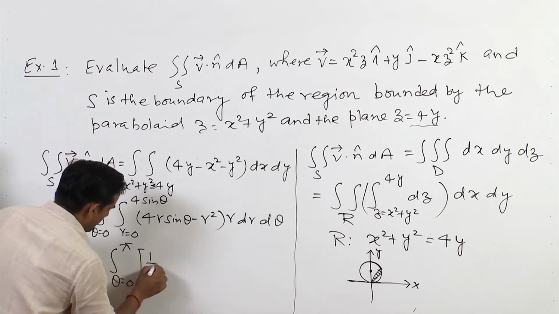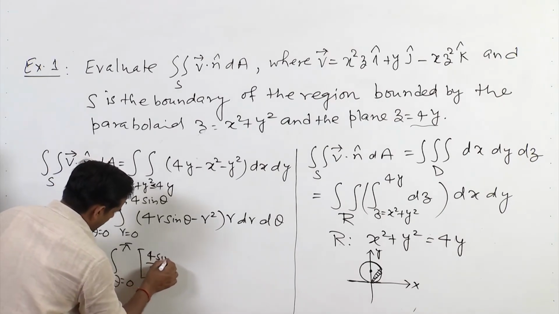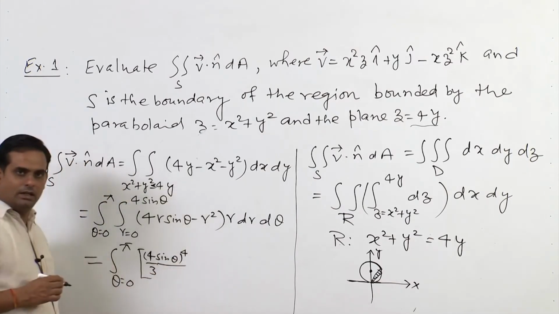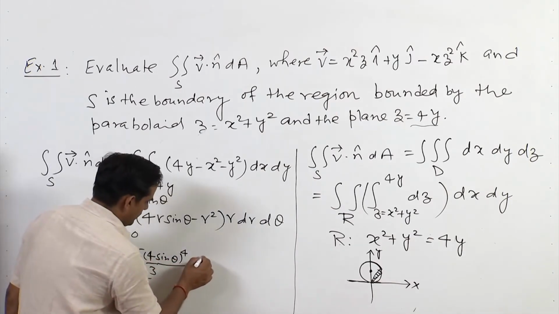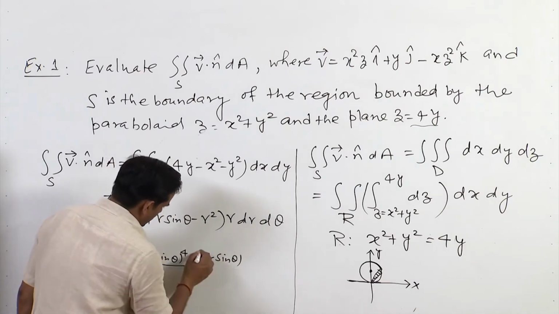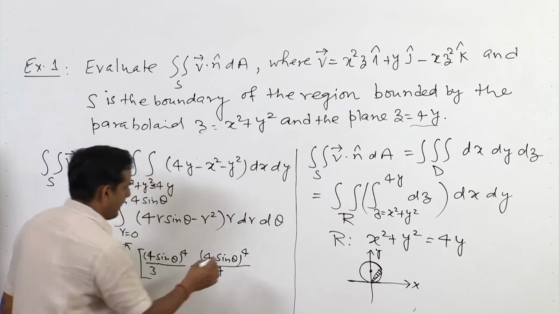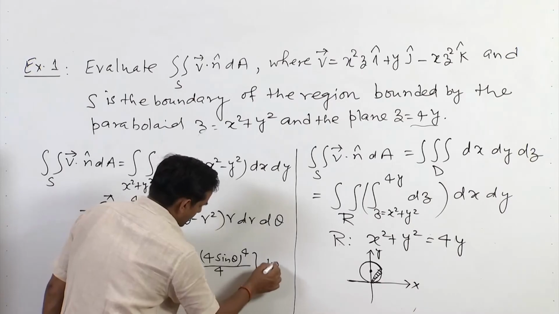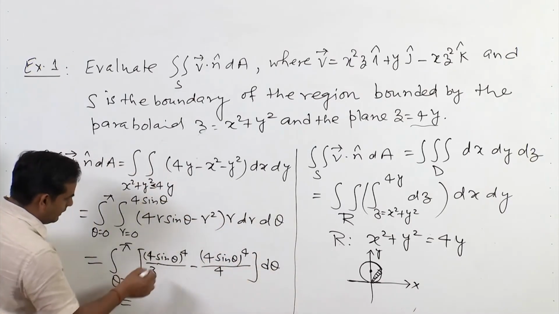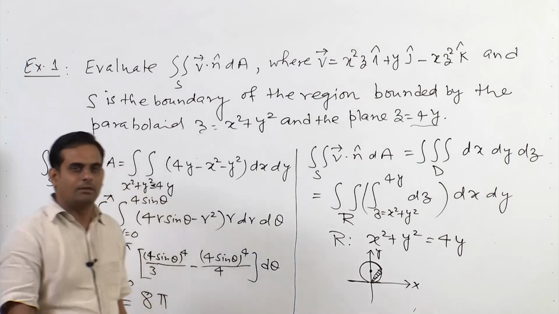So it will become 1 by 3 of (4 sin theta) raised to power 4 upon 3 minus (4 sin theta) raised to power 4 upon 4, and then d theta. Once you solve it, it comes out to be 8 pi.